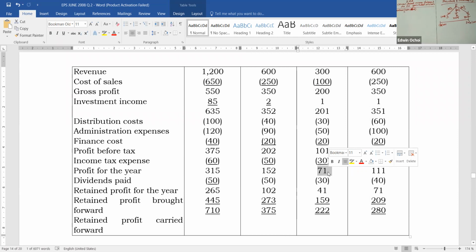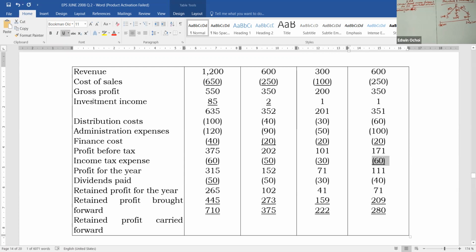Here, profit after tax of 71, the parent will recognise his share. The same with this one. After it pays tax, it has a profit after tax of 111, and the parent will recognise his share.